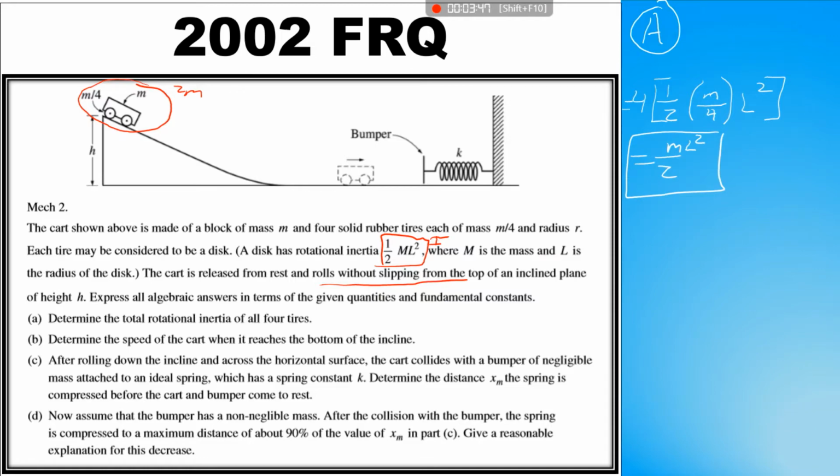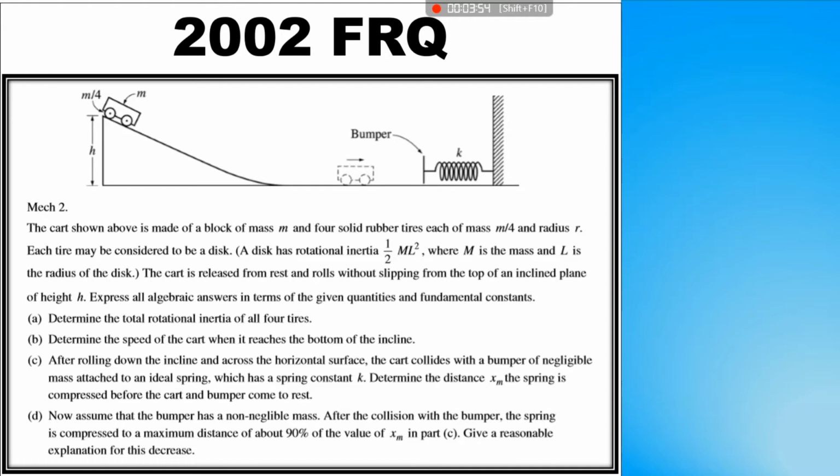Then part B, determine the speed of the cart when it reaches the bottom of the incline. So that's mgh equals 1/2 mv squared. Okay, what's our total m first? 2m.